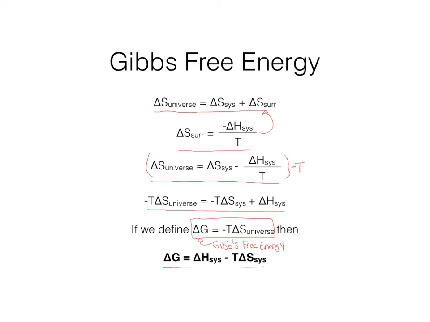We can get an equation that describes spontaneity, because remember that see how this delta G is related to delta S of the universe, and we know that delta S of the universe defines spontaneity. Where delta S of the universe is greater than 0, things are spontaneous.